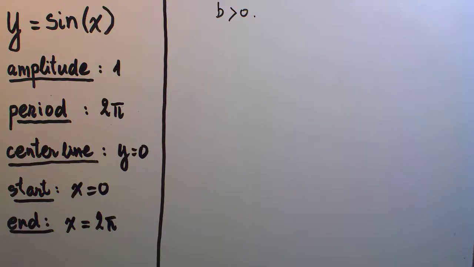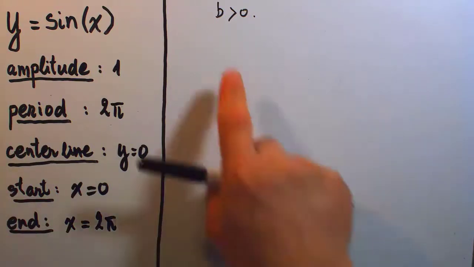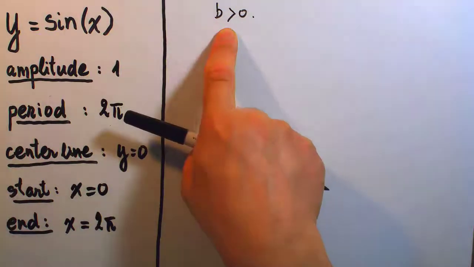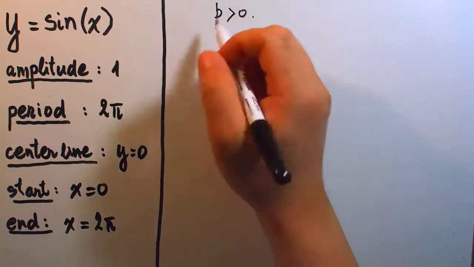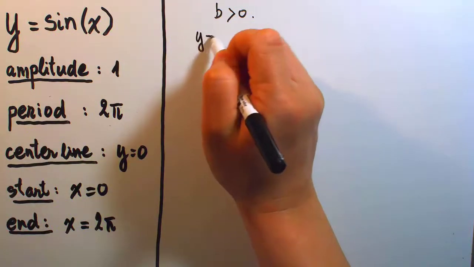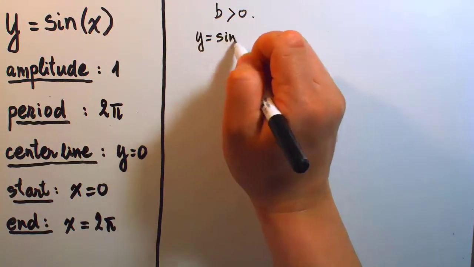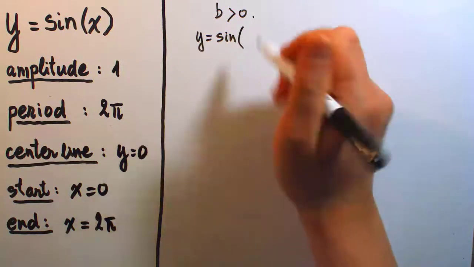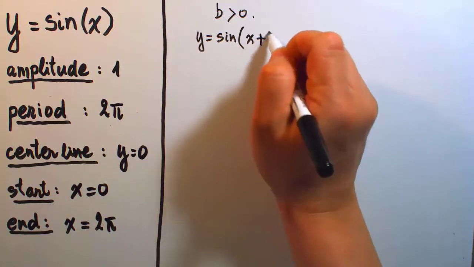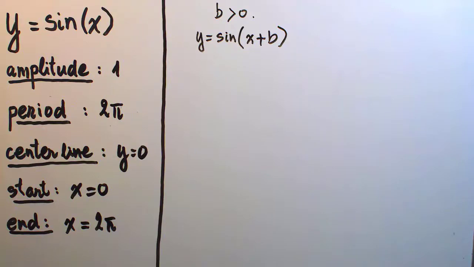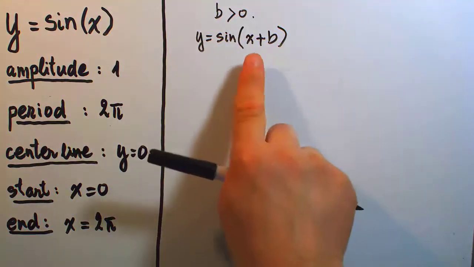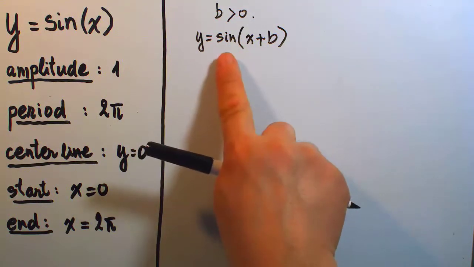And again, having our b value started out being a positive value, let's now consider how the graph of sine of x is going to look like when it's sine of x plus b. So the same value b being positive, but the expression inside of our sine function is being x plus b now.